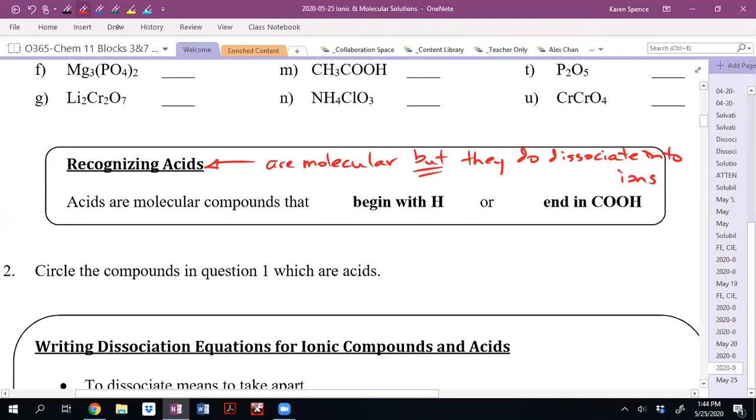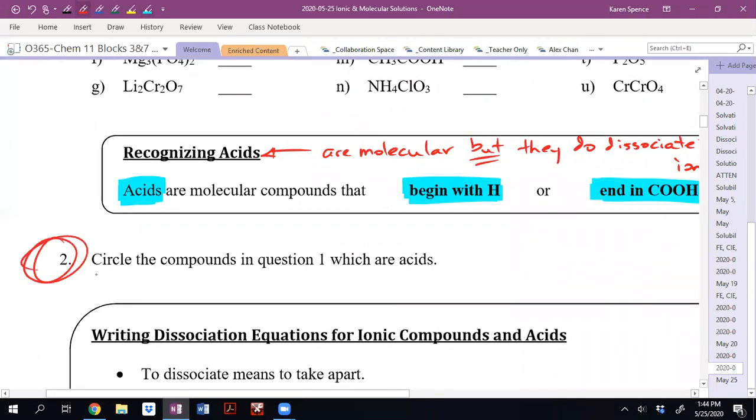You will recognize them because they are molecular compounds, acids, but they either begin with H or they end in COOH, like acetic acid is CH3COOH.